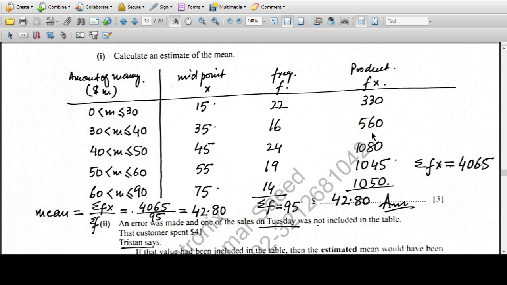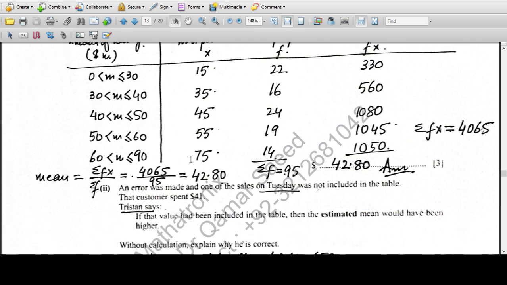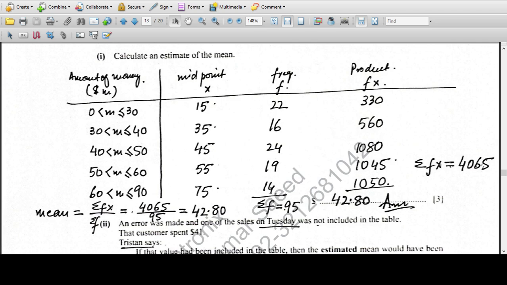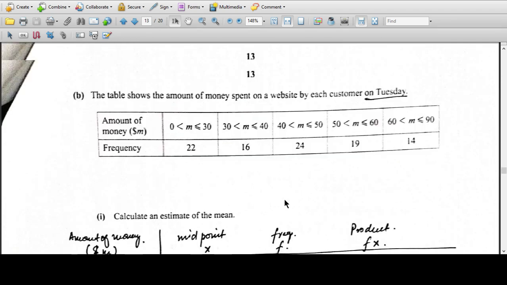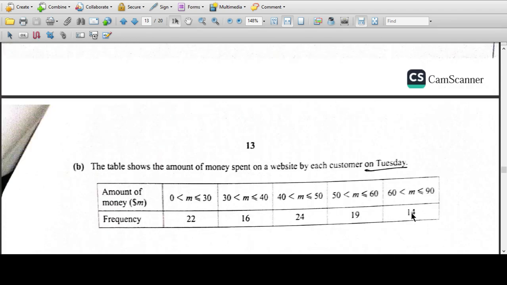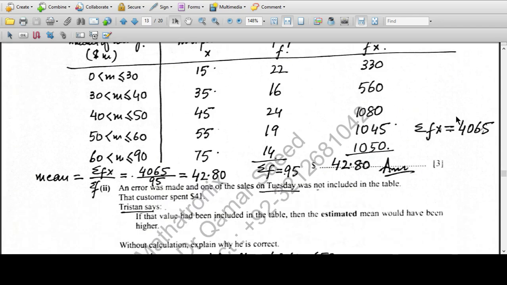The total of the products fx is 4065, and we divide by the total frequency, which is 95. So we divide the summation of fx by the total frequency of 95, and the value obtained is 42.80.